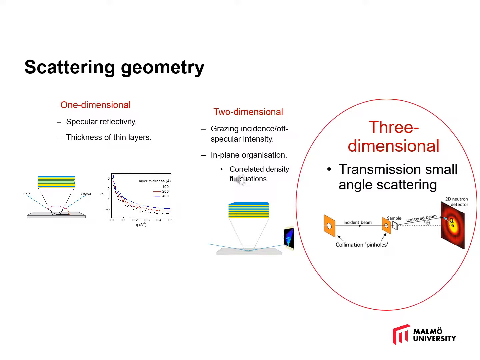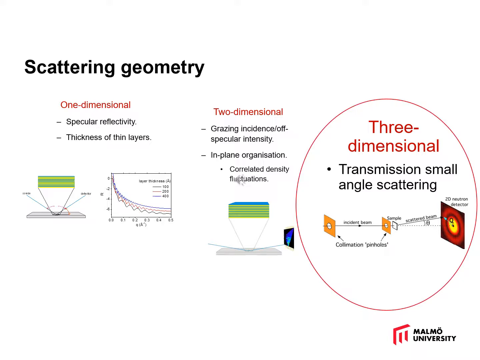If you're interested in these topics, I suggest you look at the references. Two-dimensional scattering is about reconstructing structure in the plane of a surface. We're usually talking about grazing incidence, or some people refer to it as off-specular intensity, and we look at the density correlations in the plane of the sample.